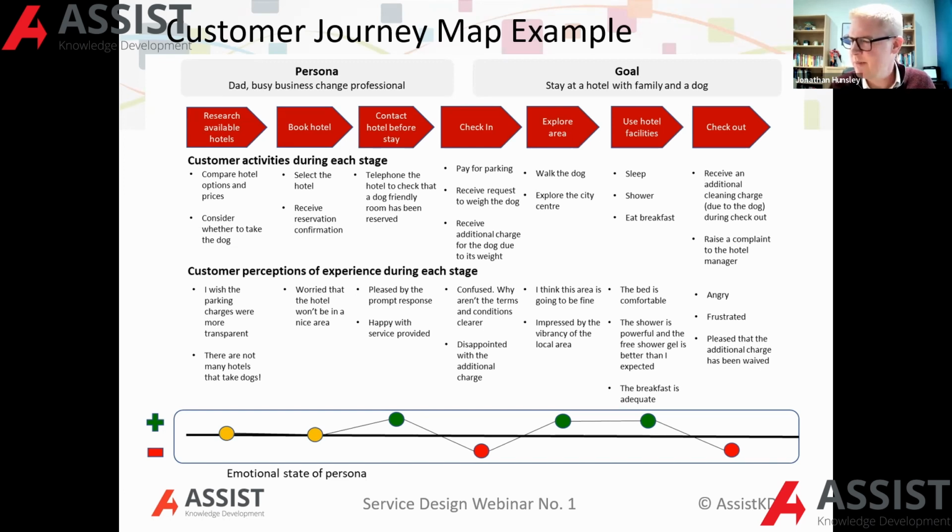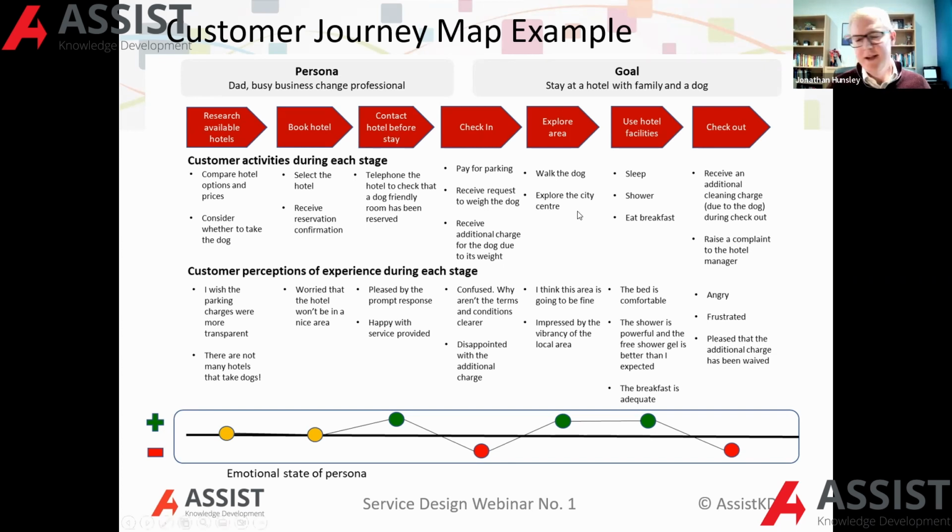As this happens, they're confused. They're not quite so sure why the terms and conditions weren't made clearer, particularly given that they rang up a few days before. They're disappointed that they've got this additional charge, but they feel that they don't really have a great deal of choice. And you can see their emotional state goes red at this point relative to this touch point.